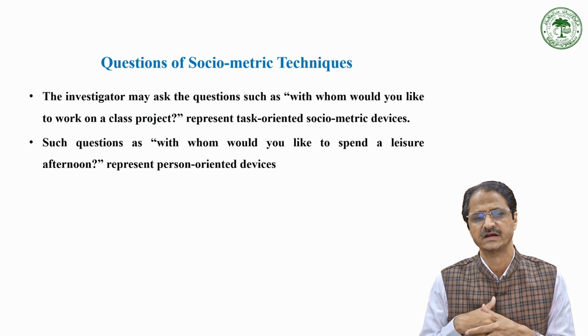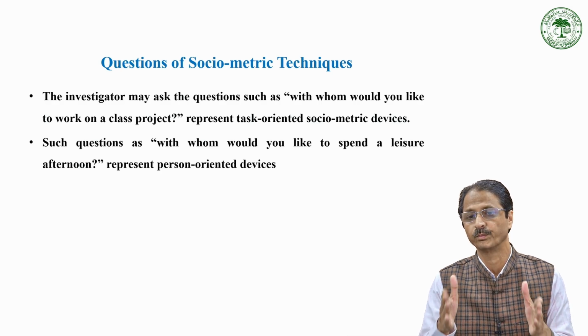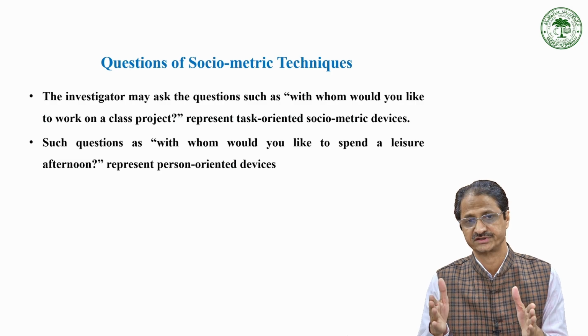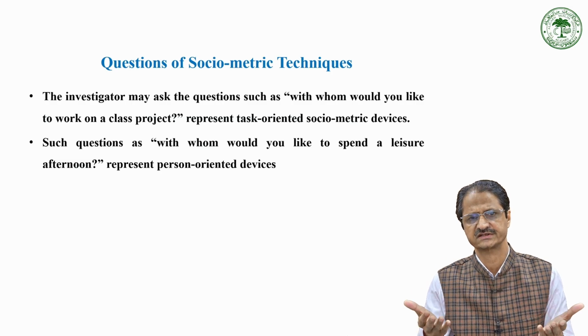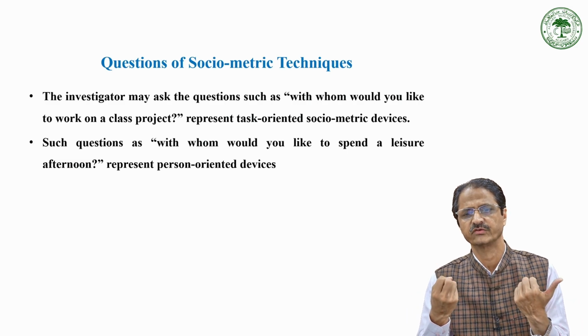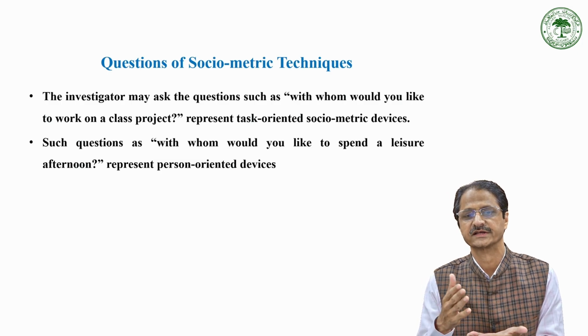Take for example, the investigator may ask questions such as, with whom would you like to work on a class project? If the teacher or counselor is asking this question and asking for choices from the students, give the names of one or two people with whom you would like to work on a class project.